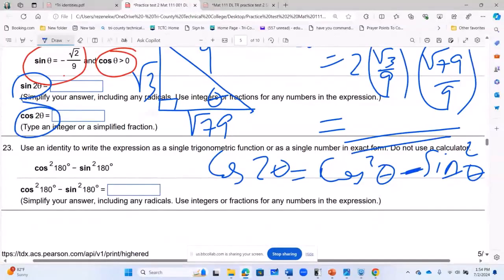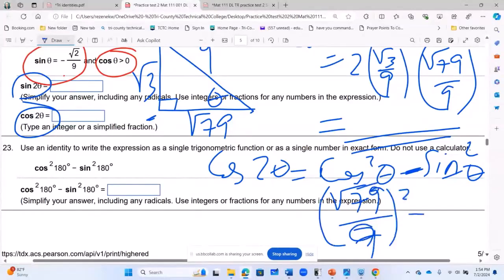So going to this triangle that I found. All right. What is cosine theta? Adjacent over hypotenuse, root 79 over 9, squared, minus, what is sine squared theta? First of all, what is sine theta?